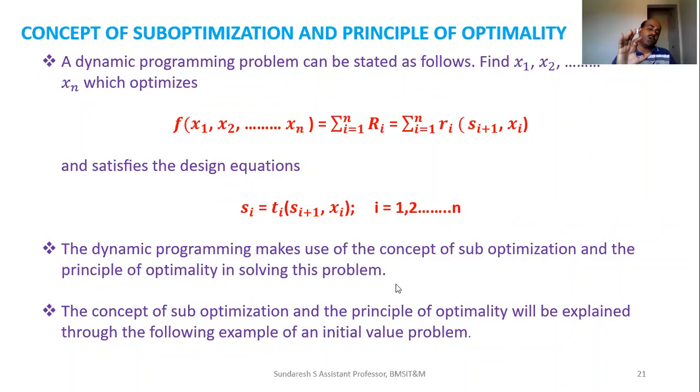What we have shown in the two equations above represents the dynamic programming problem, and to solve it we have to make use of the concept of sub-optimization and the principle of optimality. So now let us discuss what the sub-optimization and principle of optimality are with one simple example. I will explain the sub-optimization concept, and finally we will state the principle of optimality.